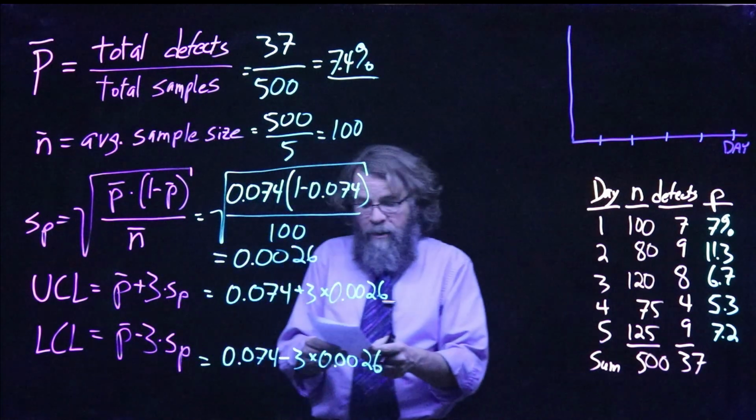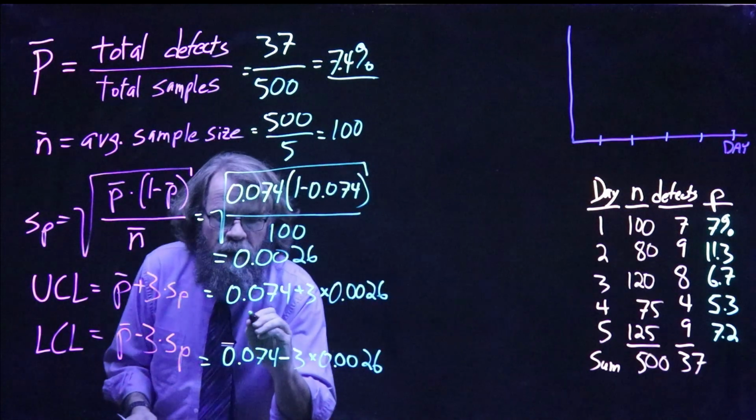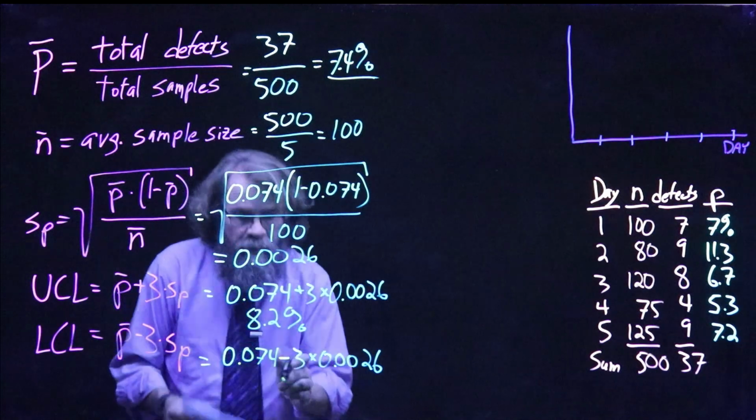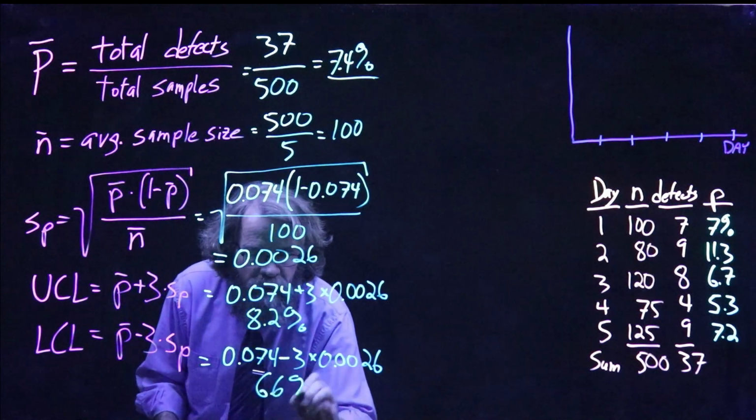When you work out the math here, we get an upper control limit of 8.2%, and on the lower control limit, we get 6.6%.